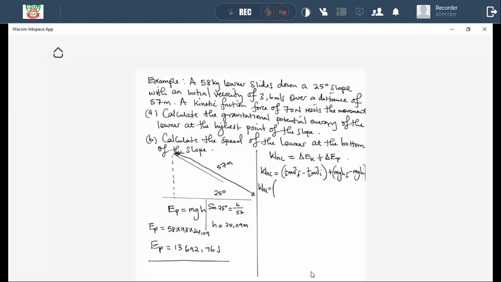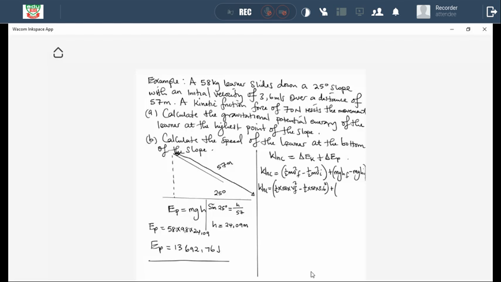So work done by non-conservative force is equal to half times mass. What is the mass? 58 times final velocity, that's what we are looking for, minus half times 58 times our initial velocity, which is 3,6, and don't forget to square, plus our MGH.